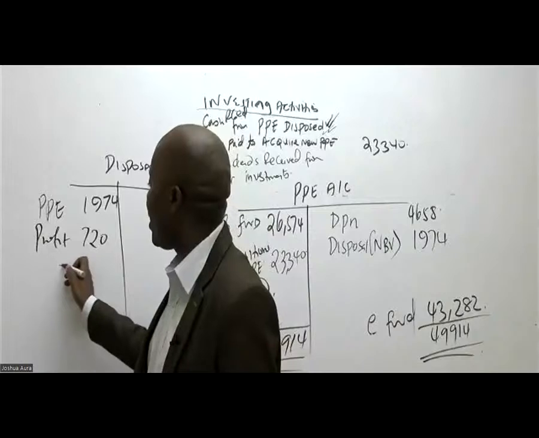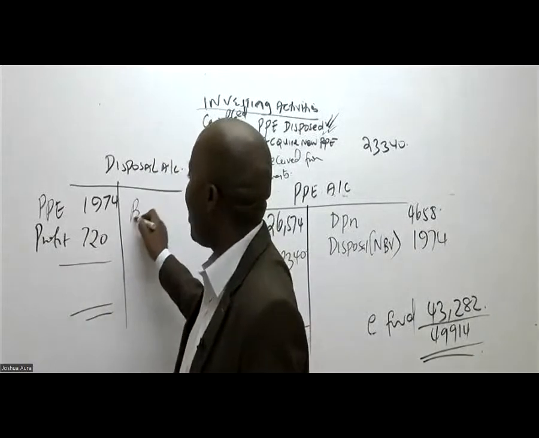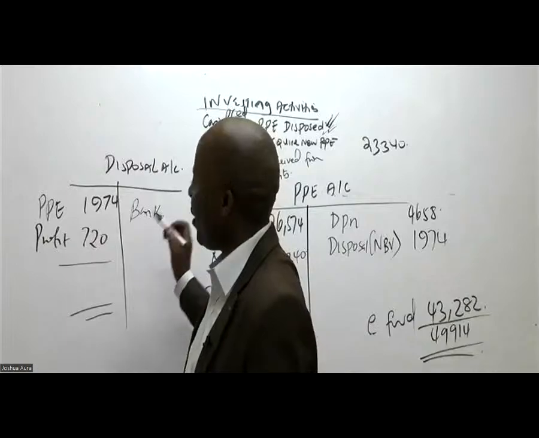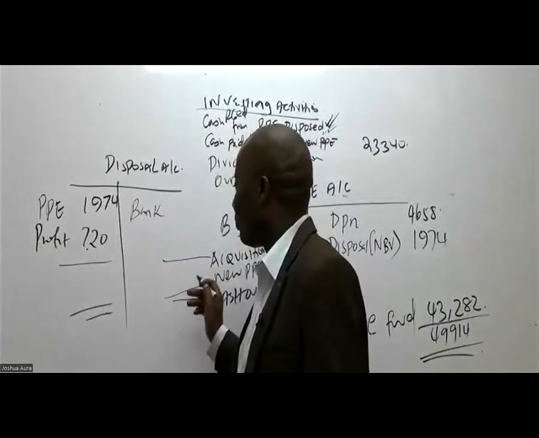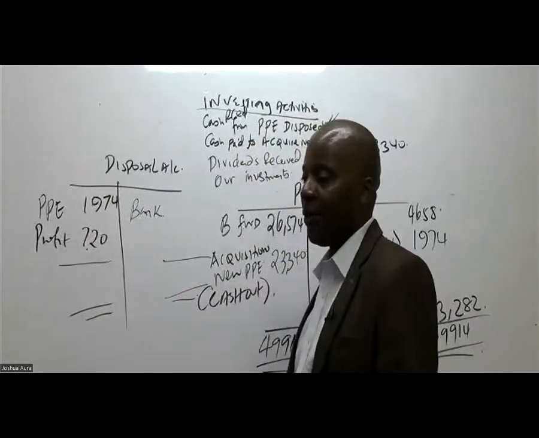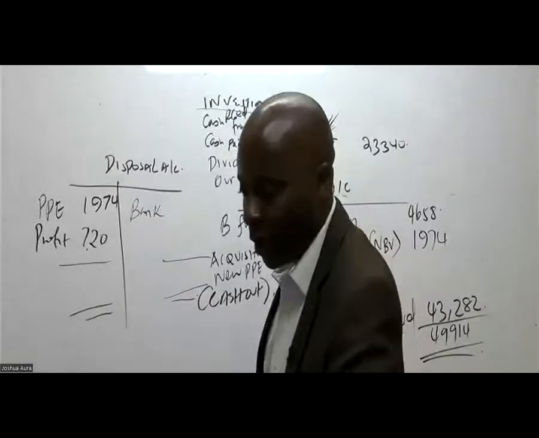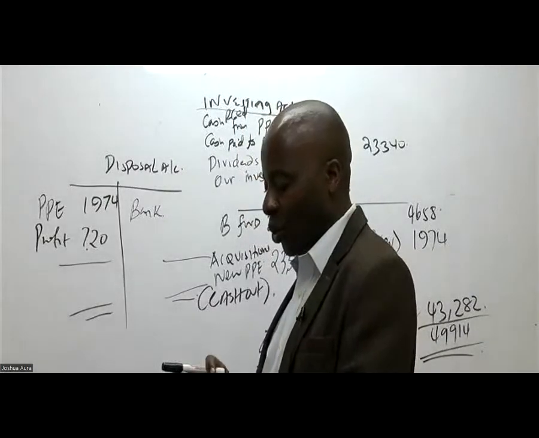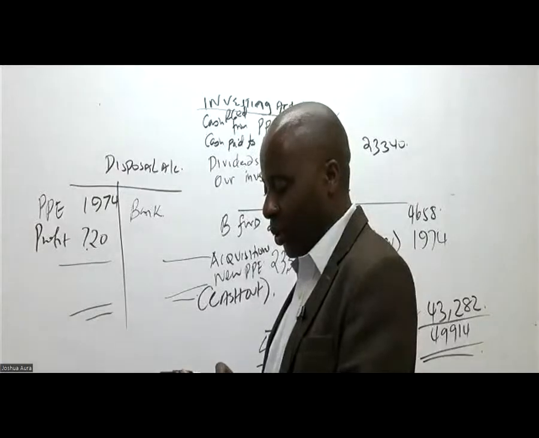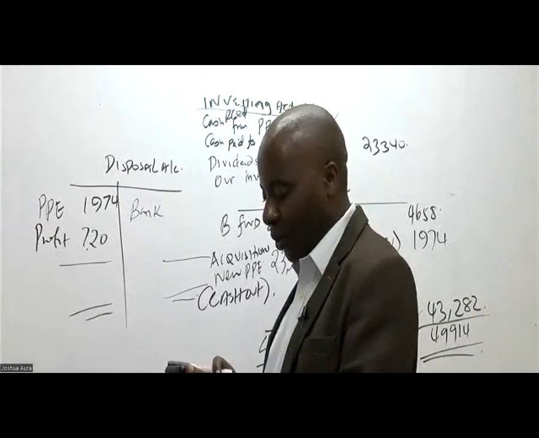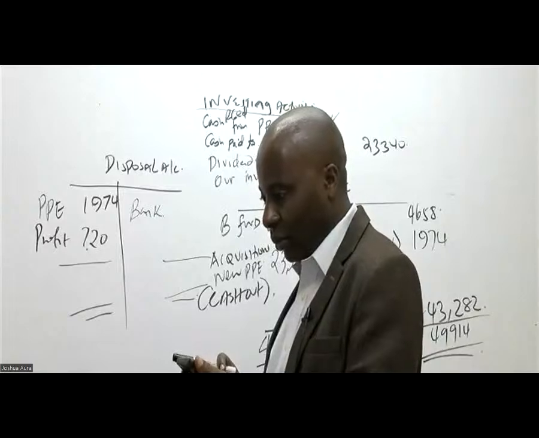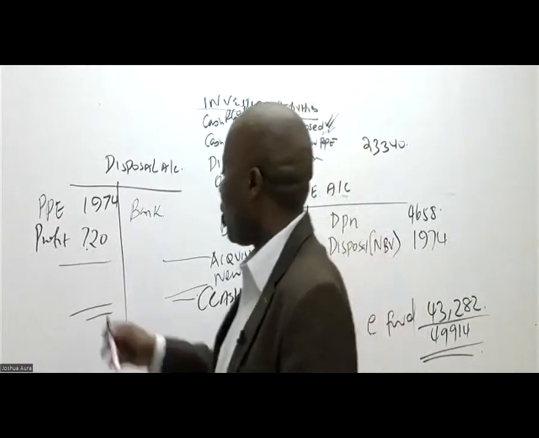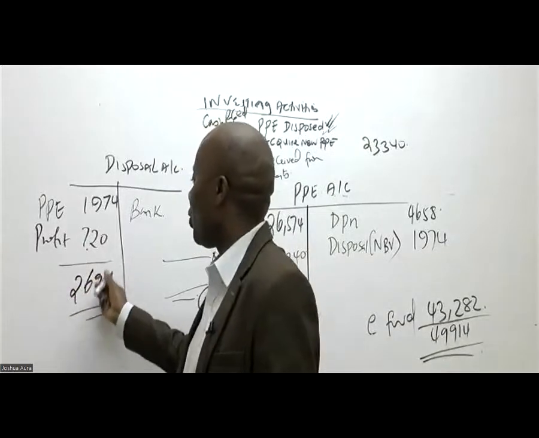So meaning, ladies and gentlemen, that I'll be able now to get the bank figure here. Could you kindly give me this figure? This plus this gives me how much? $26.94.